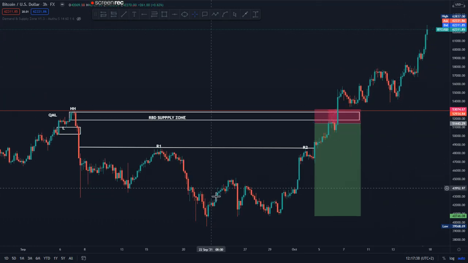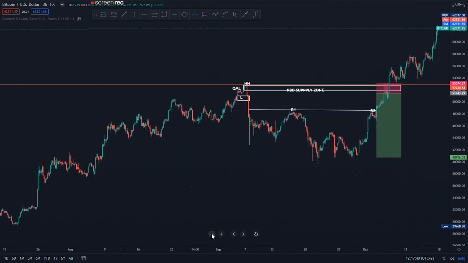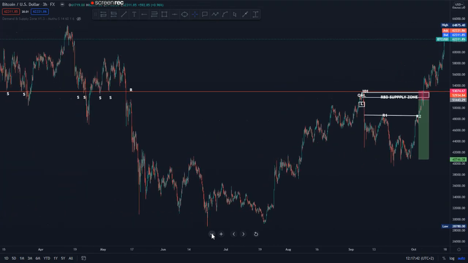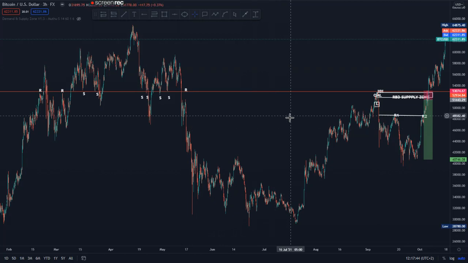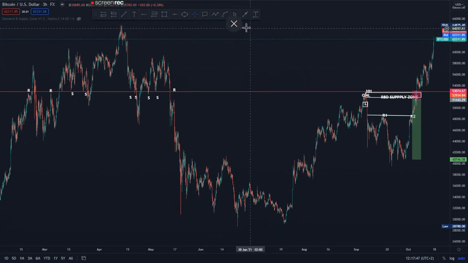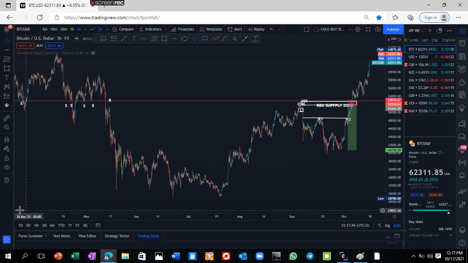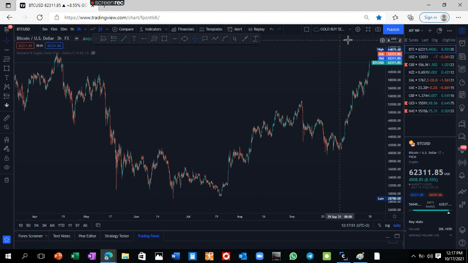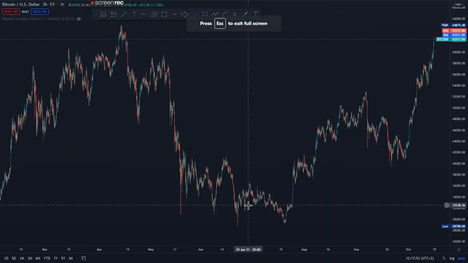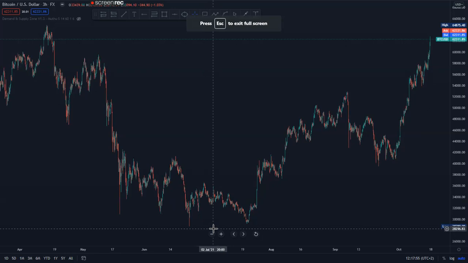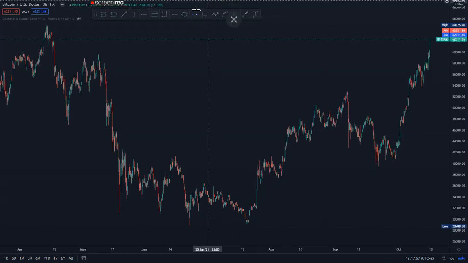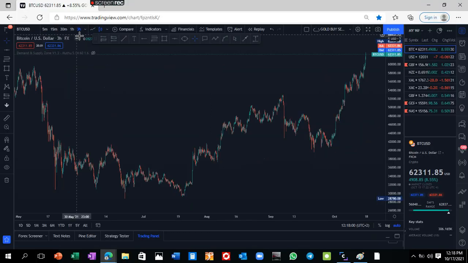So from what we've learned, let's now apply what we've learned. Let's delete all this, and once we see that there's the likelihood of a higher QML, a QML on the higher time frame, let me go to my 4 hourly so that you can check it out nicely.